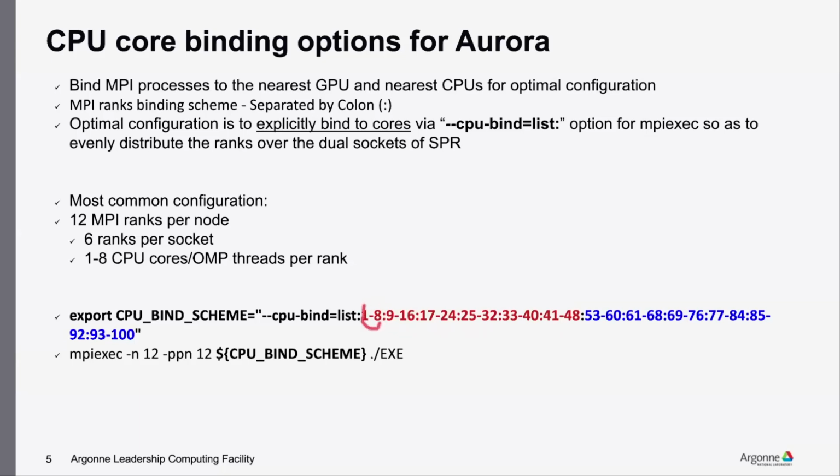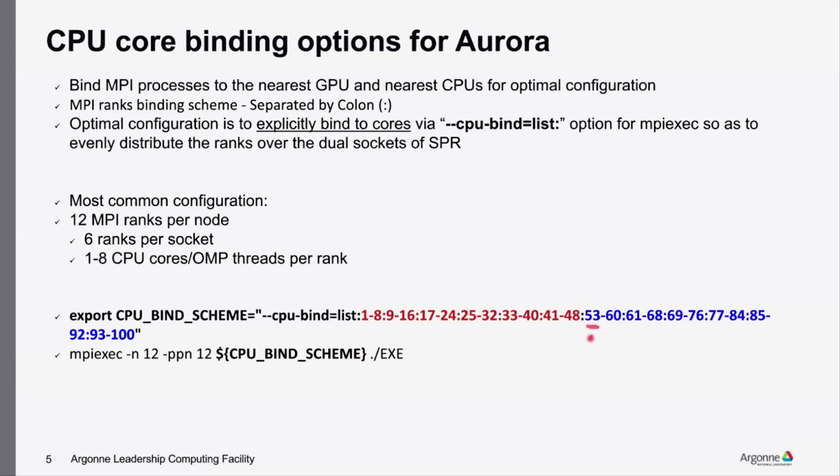The first rank here is going to be bound to cores 1 through 8, and then we put the colon separator. The second rank is going to be bound to cores 9 through 16. Third, 17 to 24, and so on and so forth. All these ones marked in red, those first 6 ranks, are being bound to the first socket. Then all these ones in blue are being bound to the second socket.